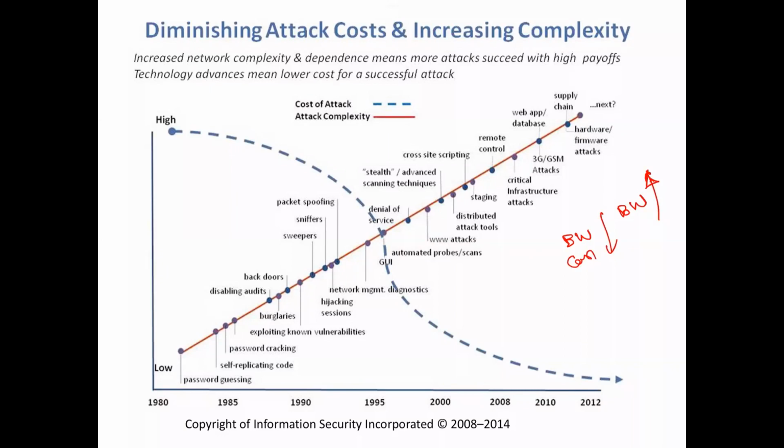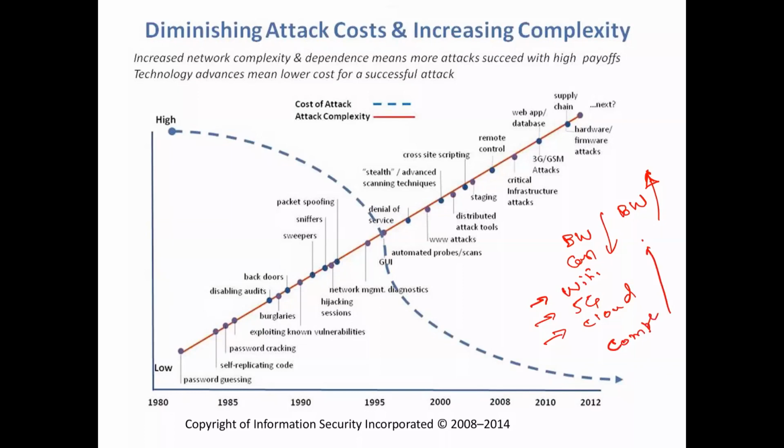Communication technology is changing from simple to now Wi-Fi, we have now 5G, and so on, right? And then we have cloud, and so on. So basically we are increasing in terms of complexity.